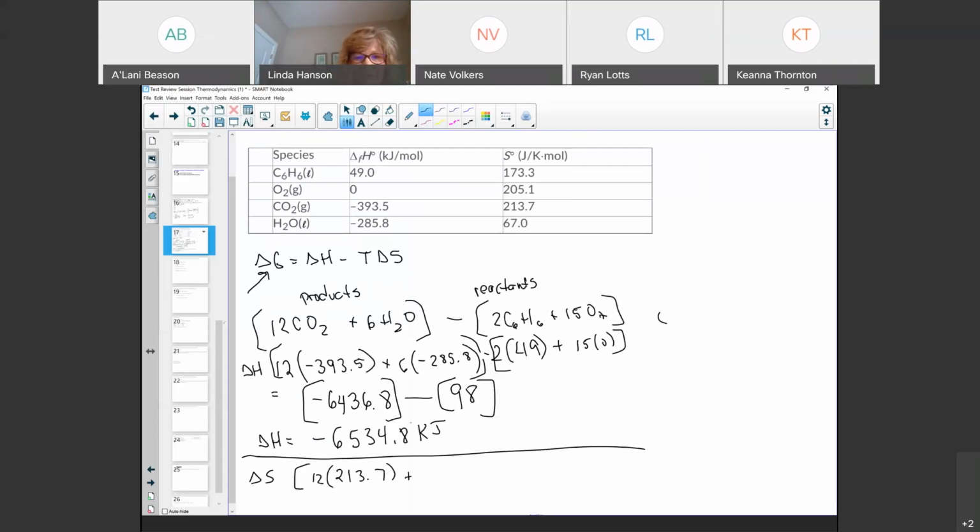We have 6 waters. Minus, and up here for entropy of benzene, which we had 2 molecules of, it's 173.3. And of course, molecular oxygen, like every compound, has a value for entropy, that's 205.1.